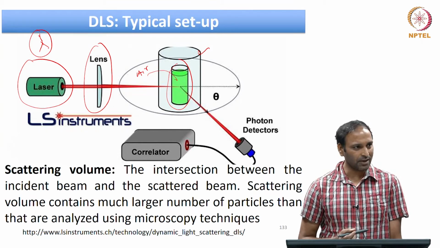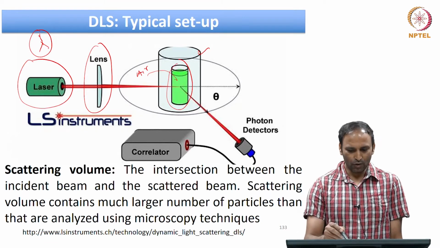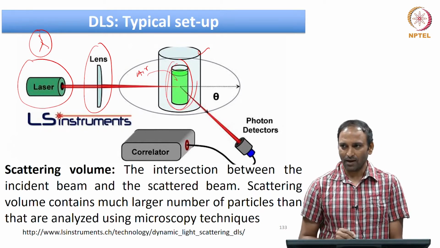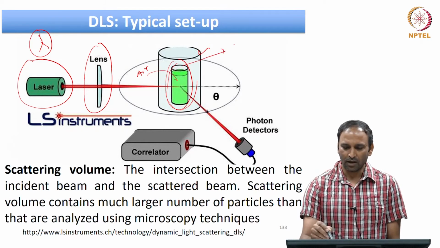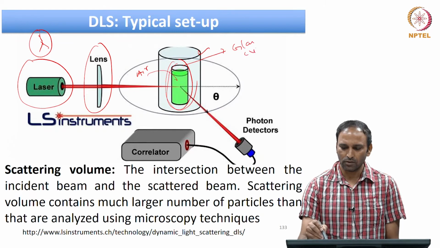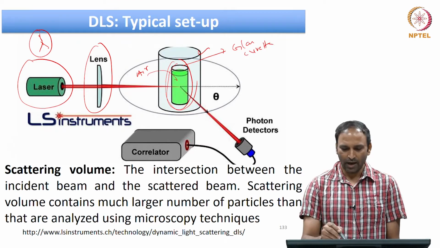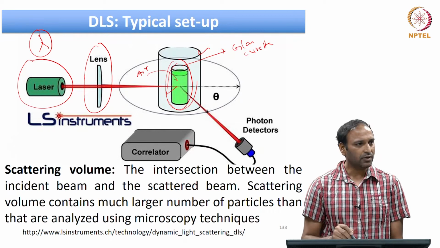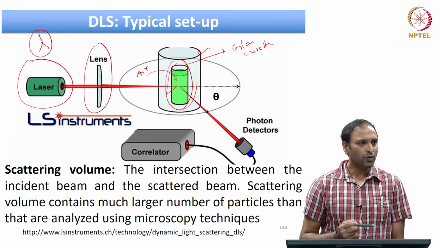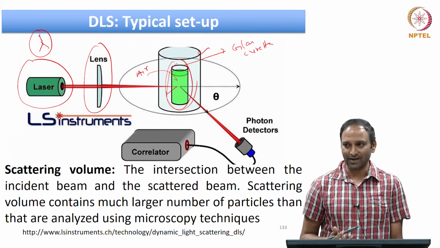So what is done is you take your sample, say that this sample is in a glass cuvette, and you immerse that sample in a container which has a fluid whose refractive index is the same as that of the glass.